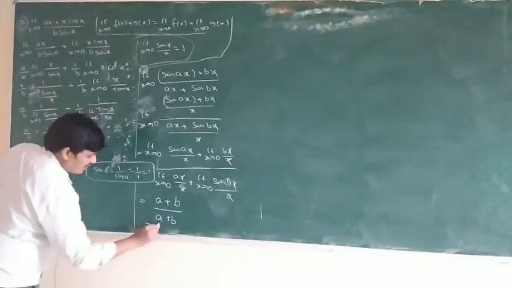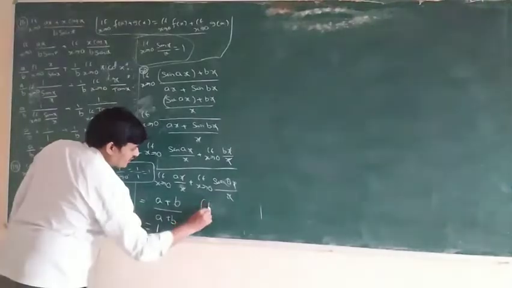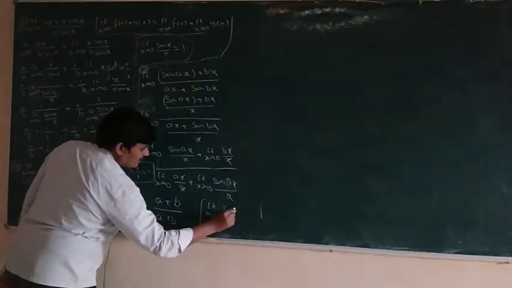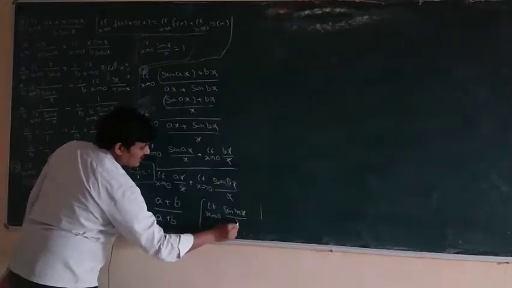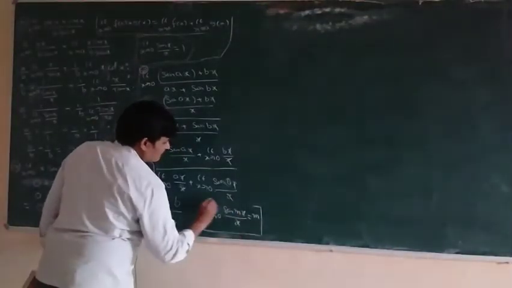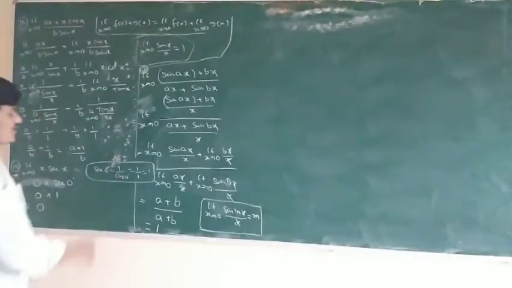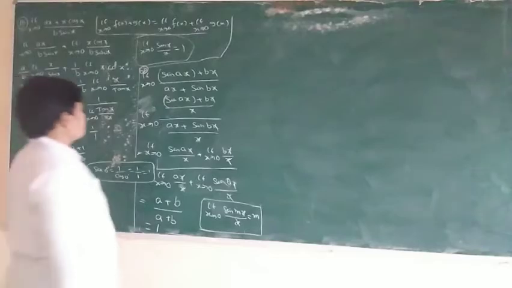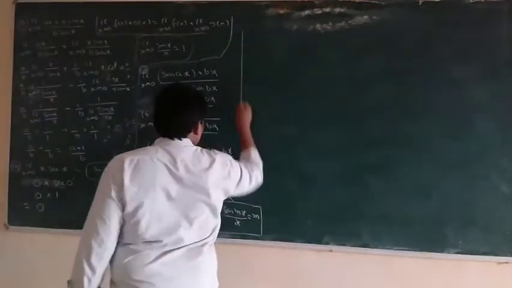So that is equal to 1. Which formula? Limit x tends to 0 of sin mx by x is equal to m. This formula. So the answer is 1. Okay, clear? Next, 21.